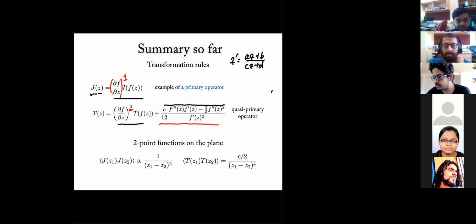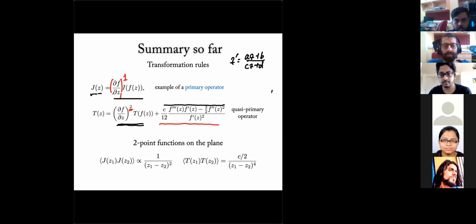So you just need to keep track of this term. So if you consider the global conformal group, the current is a primary as well as this is also a primary. But if you go beyond the global group, if you consider the full Virasoro algebra, then this part becomes important, and the stress tensor loses its character of being a primary anymore. And that's why it is called a quasi-primary.